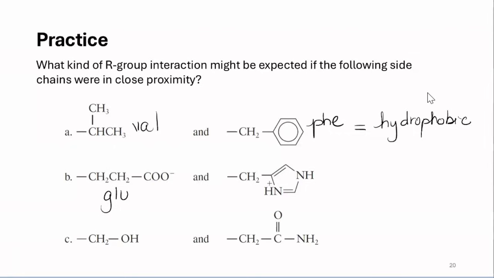The second amino acid belongs to histidine, whose three-letter code is HIS. If we look at the classification of these amino acids, this is an ionized acidic amino acid and this is an ionized basic amino acid. So their interaction in a tertiary structure would be via a salt bridge.